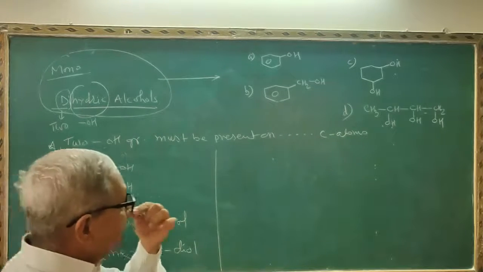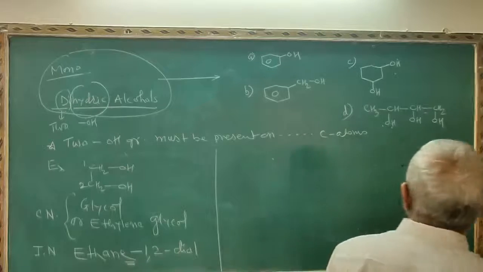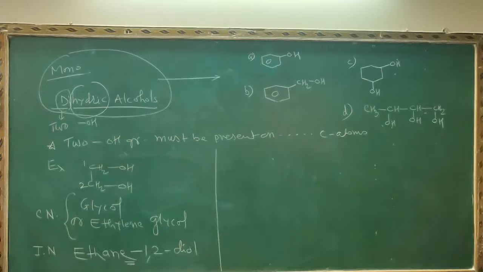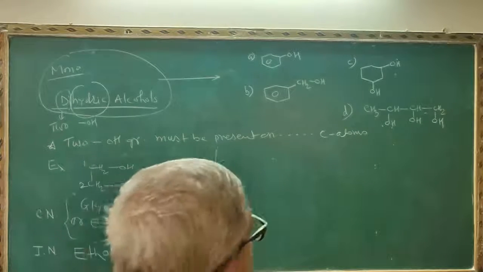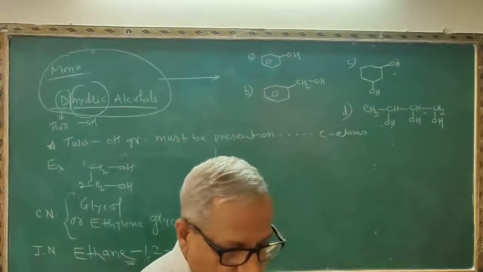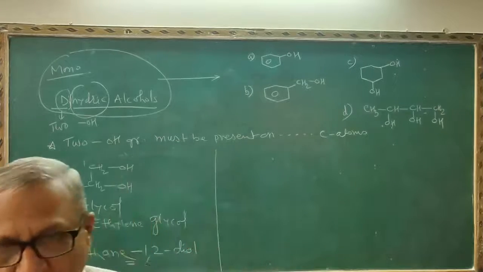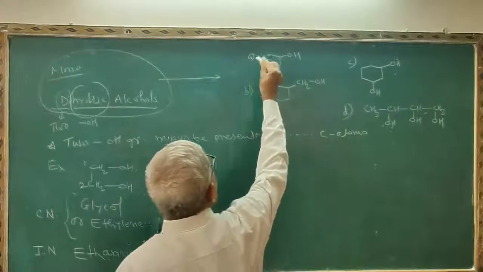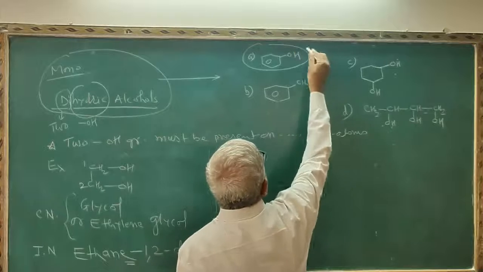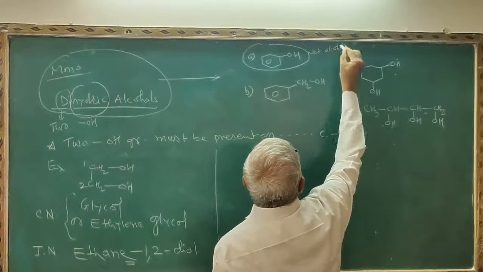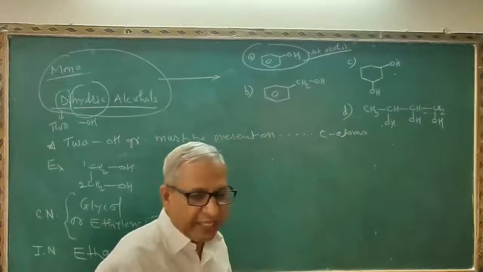Now the first question here: which of the following is not an alcohol? Observe the four options very carefully and give the answer. Which of the following is not an alcohol? The correct answer is A. This is not an alcohol because it is phenol.